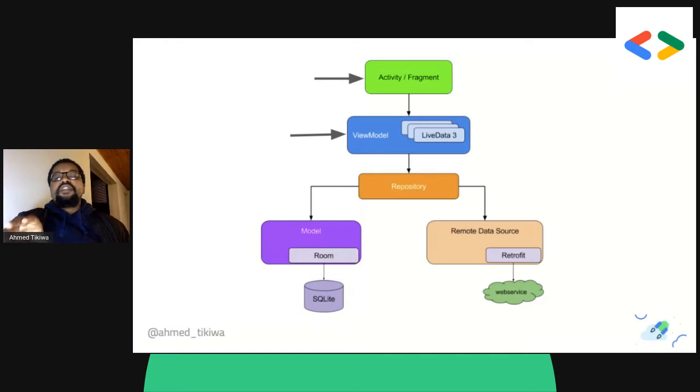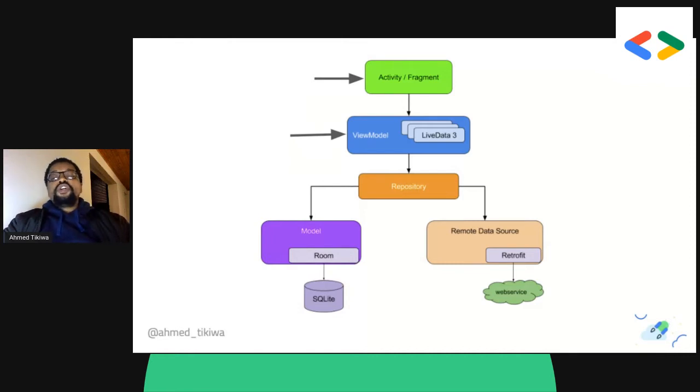And then this view model speaks to the repository, and this repository is responsible for the data. It is the source of the data. And then here you can have it in two ways. You can have a repository that fetches data from an SQLite database, which is basically Room. Room is also another part of Jetpack.